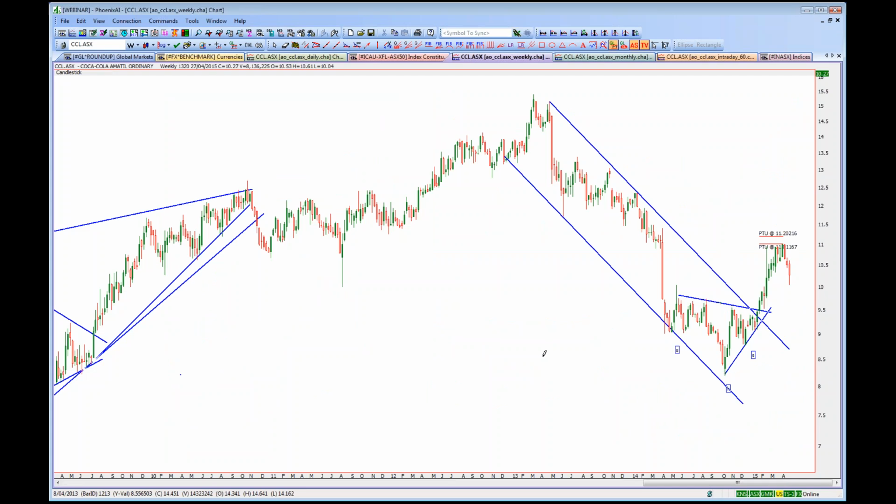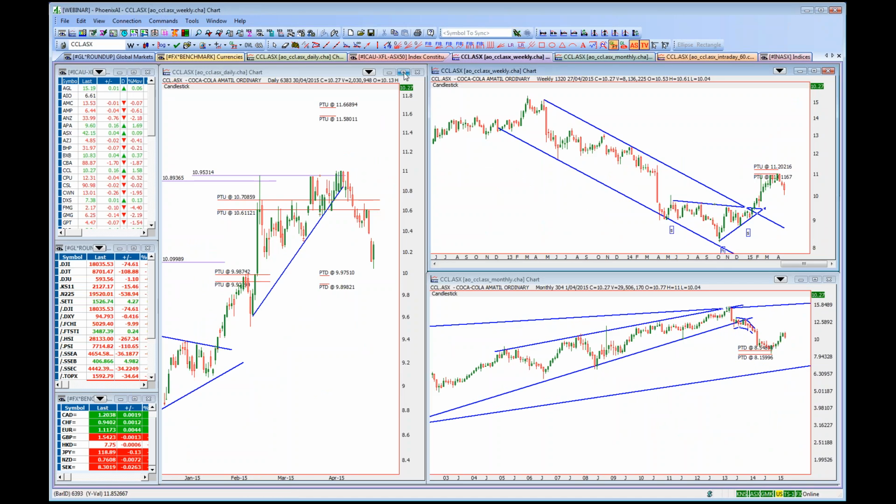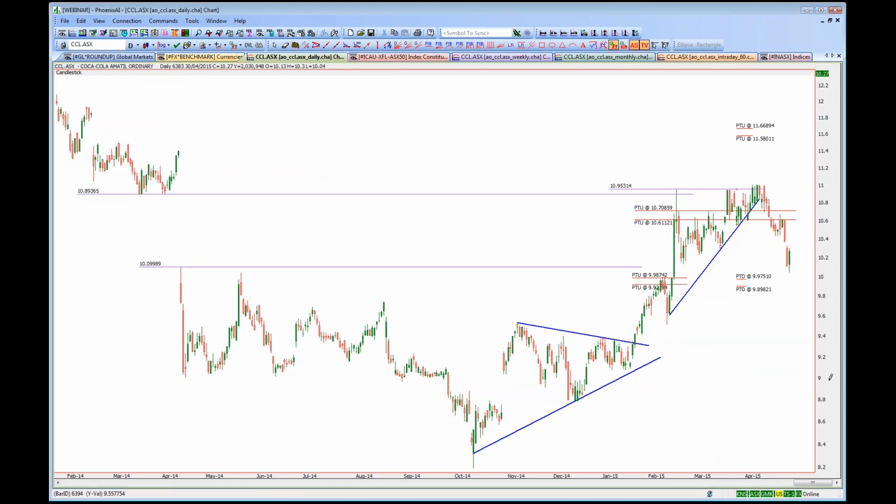It hit its target on the weekly, and it really doesn't say much at the moment other than that. We're going to have to go to a daily also. My goodness. Target. Just hit the damn thing.